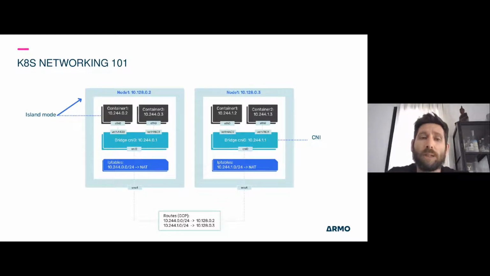There are two modes in Kubernetes: island mode, which is the default in some CNIs, and the second one is not an island mode, which is, as far as I remember, the default state in AWS using the AWS CNI.